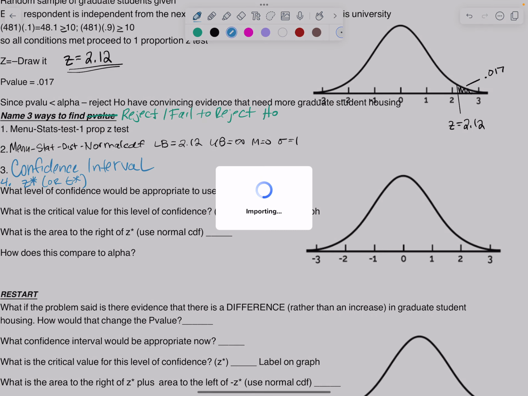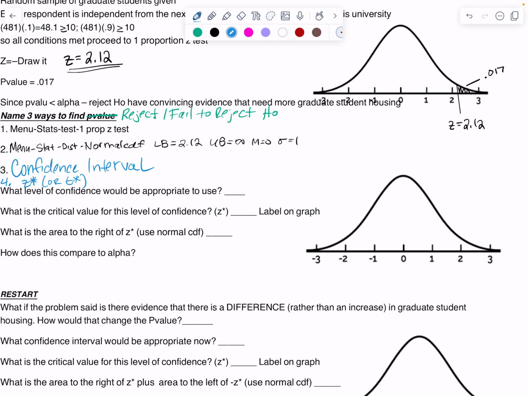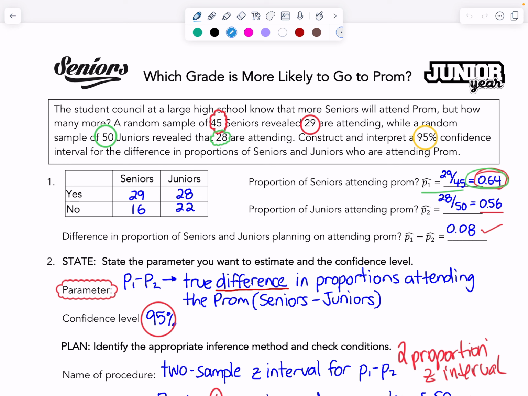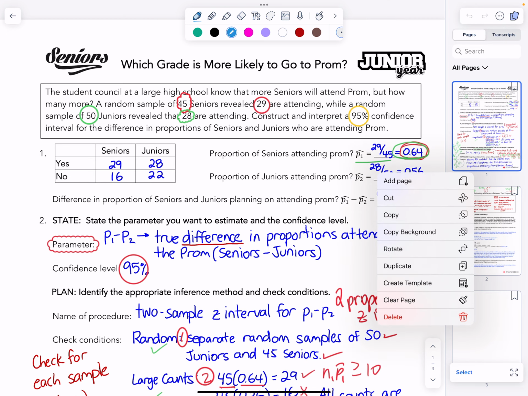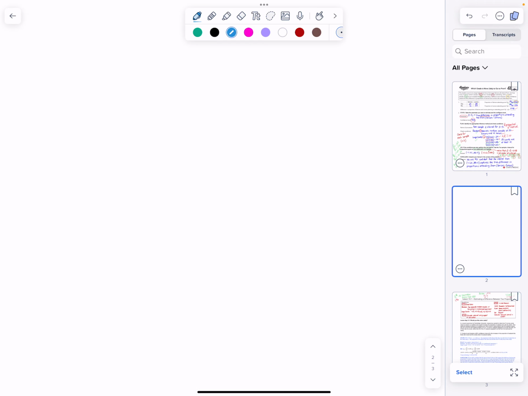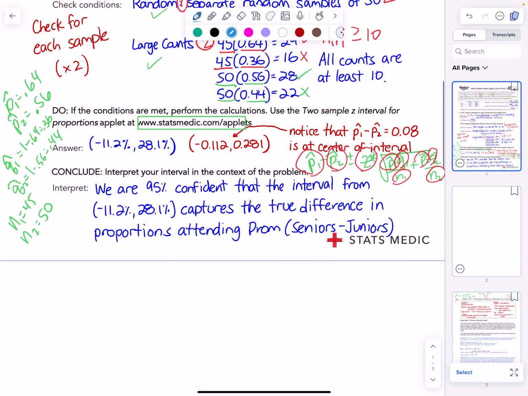Okay, so we have P1 hat minus P2 hat plus or minus Z star square root P1 hat Q1 hat over N1 plus P2 hat Q2 hat over N2.